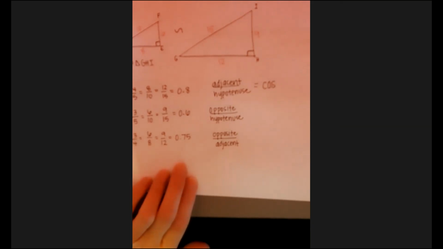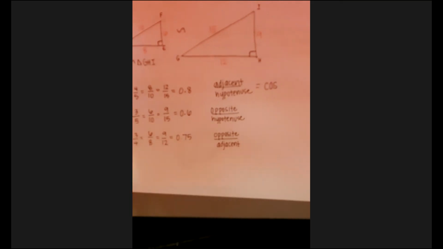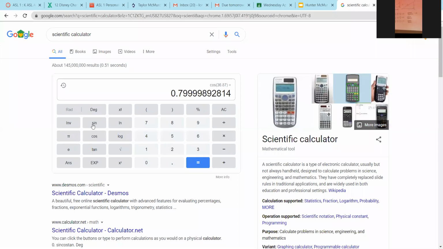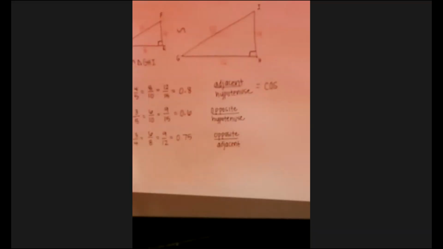All right, then we could do the same thing with sine. If I switch and share my screen again, I can type in sine of 36.87 degrees. And that is 0.6. And that 0.6 is right here.